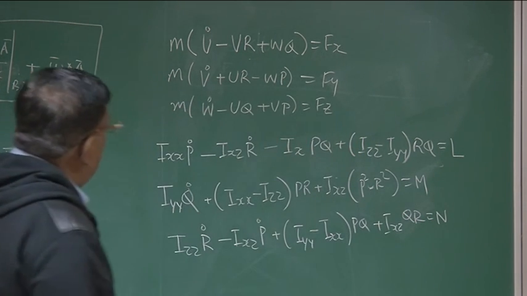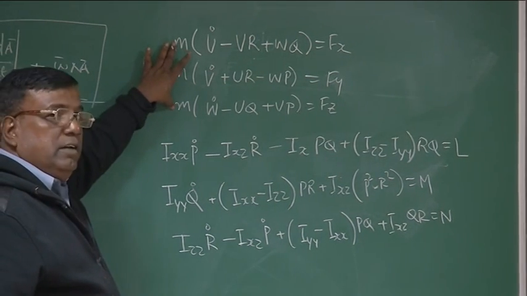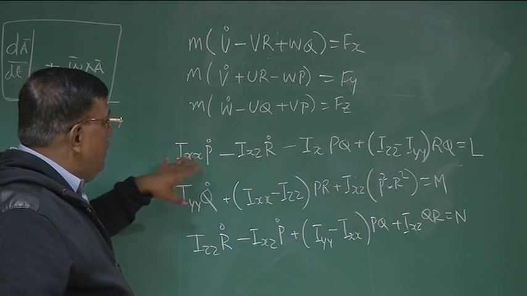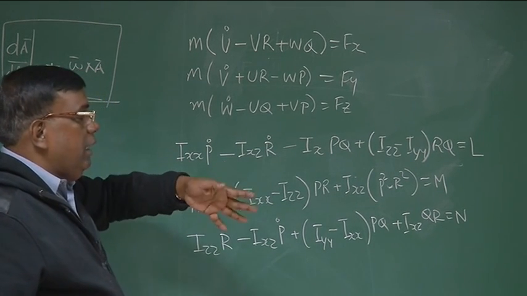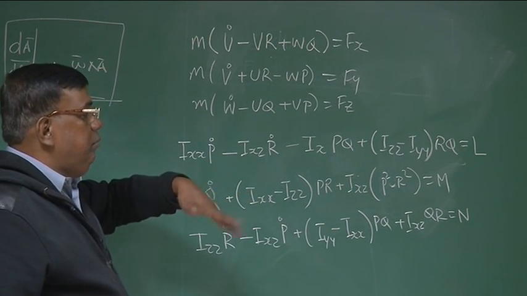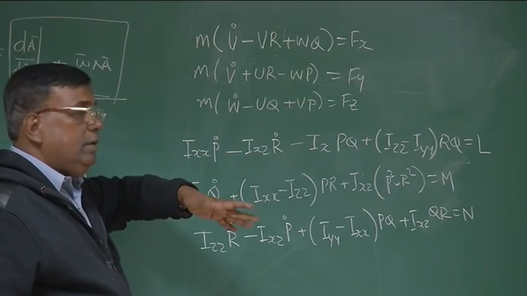So you have got 1, 2, 3, 4, 5, 6 equations, and you know these 3 are for translatory motion, these 3 are the angular motion. You can see p is rolling about the x-axis, q is pitching about the y-axis, and r is the yaw rate about the z-axis.